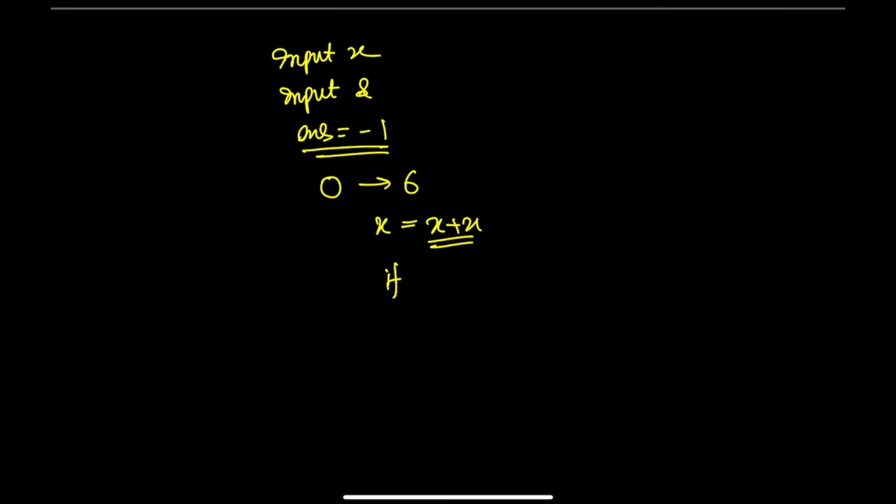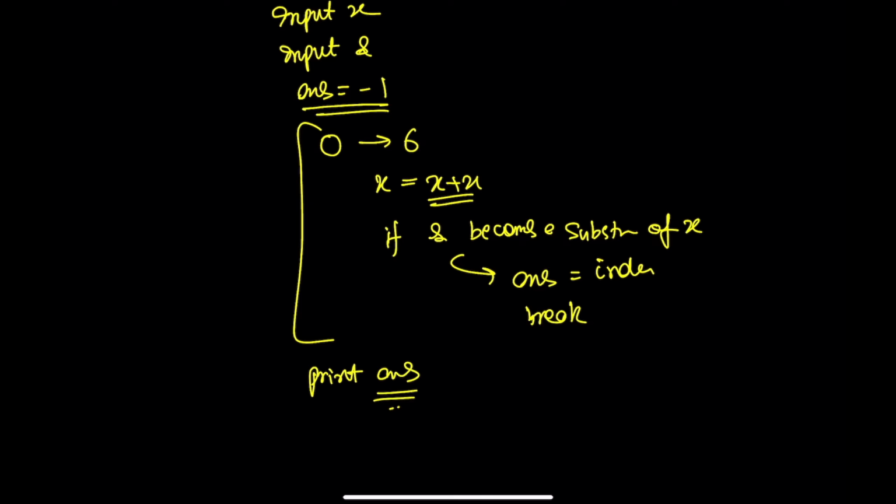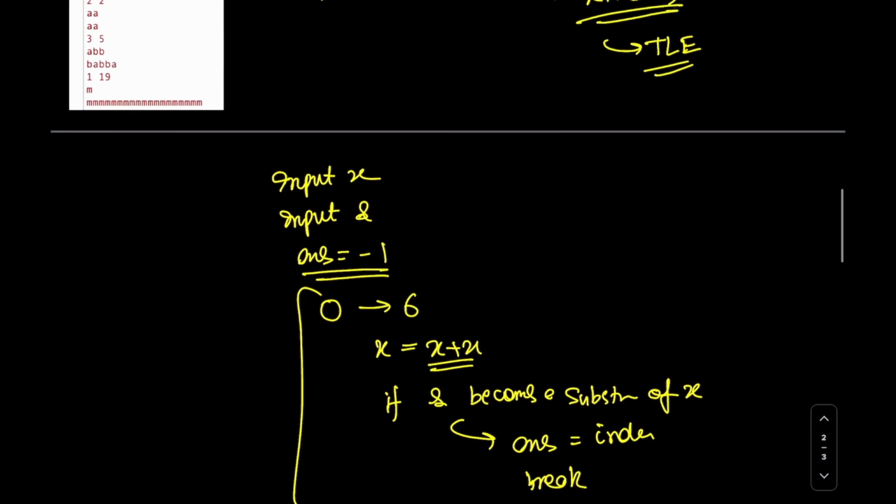If s becomes a substring of x, we'll set our answer equal to the index and break. Otherwise, in the end, we'll just print the answer. If we cannot find it in the 6 iterations, then our answer will be -1. So I think you got the approach.